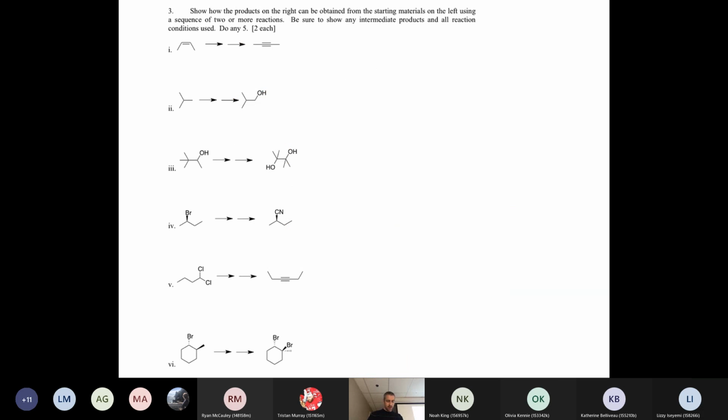This is another kind of reaction, and I'm going to focus more on this when we get there. These are ones where you start with a certain molecule and you have an ending molecule, and there's a couple of steps, two or more, you need to put in sequence to get from the first one to the last one. These are my favorite questions of all, because these are probably the most creative.